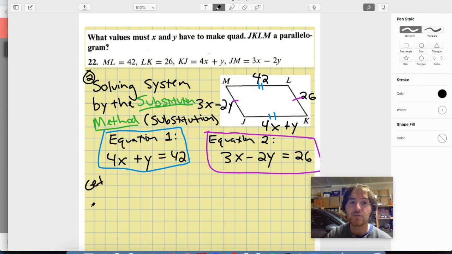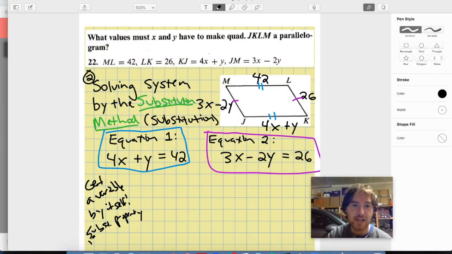The key thing is we're going to get a variable, could be x, could be y, by itself. Get a variable by itself and then substitute it into the other equation. Because remember the substitution property.